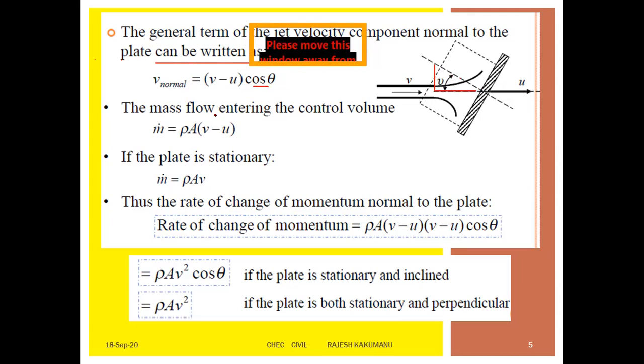Next, the mass flow entering the control volume. The mass flow entering the control volume is equal to, as we have already derived in the initial class, m is equal to rho into A into V. Then what is V here?